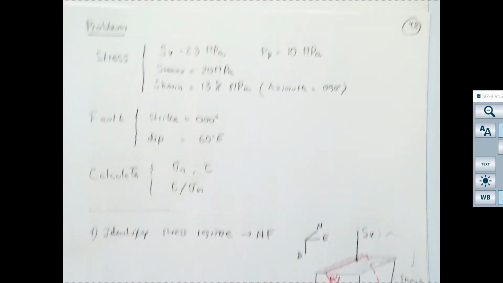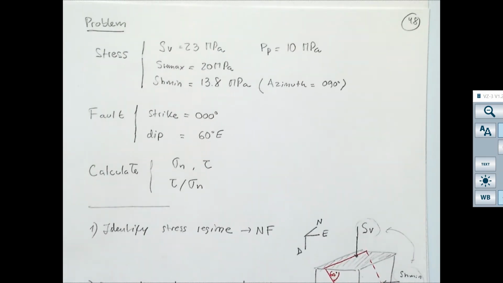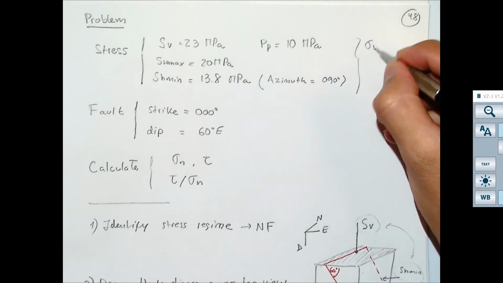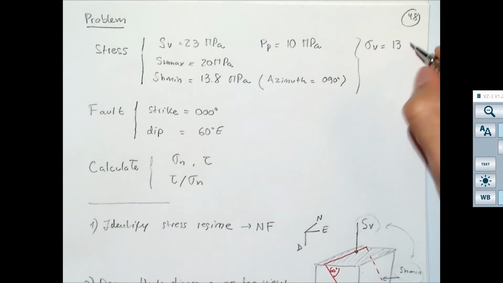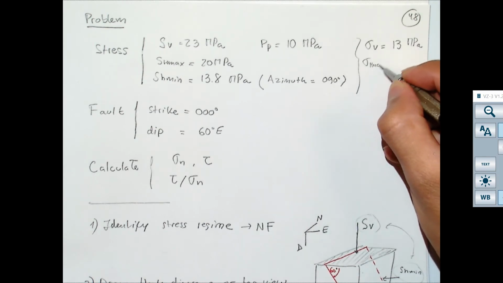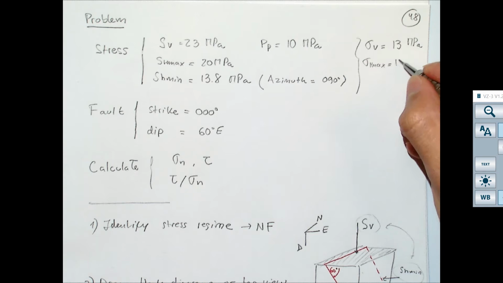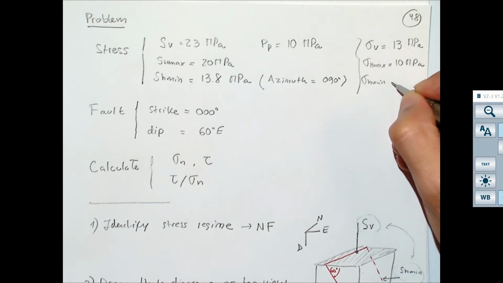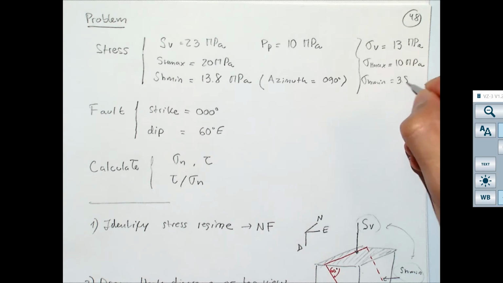I forgot to give you that when I presented the problem. So if I know what is the pore pressure, I know that sigma V in this case is going to be 13 MPa. Sigma H max is going to be 10 MPa. And sigma H min is going to be 3.8 MPa.